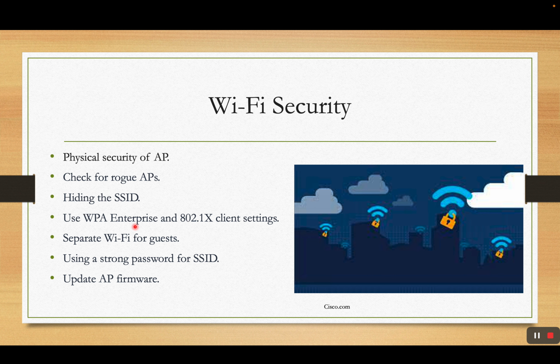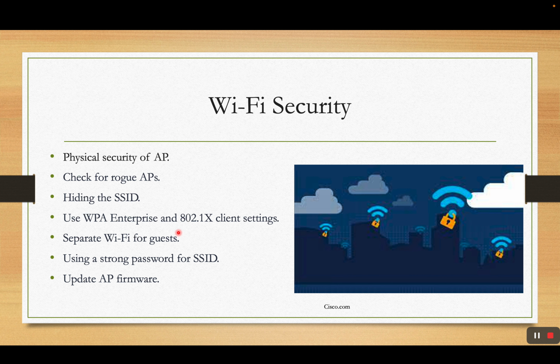WPA Enterprise requires a RADIUS server, which stands for Remote Authentication Dial-In User Service, to authenticate users, adding an extra security layer. By the way, this method is commonly used in all major enterprise environments where multiple users need access to the same Wi-Fi network, and it ensures that only authorized users can connect to the network.